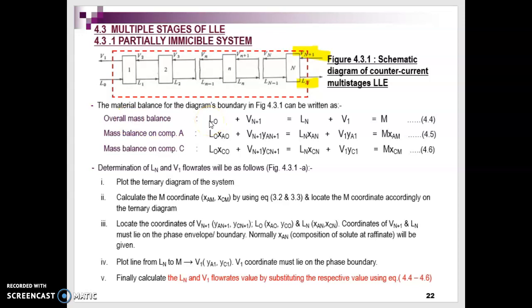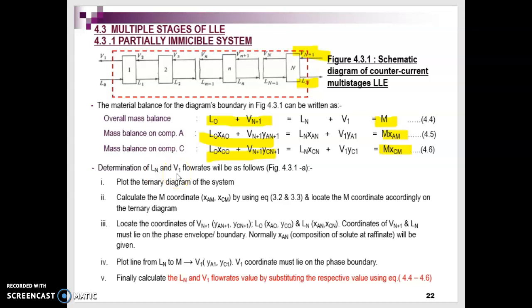Usually we will take the inlet value because it's always given equal to M, and also then the mass balance for the component A and also the mass balance for the component B. So you need to solve all this calculation in order for you to determine your M coordinates.